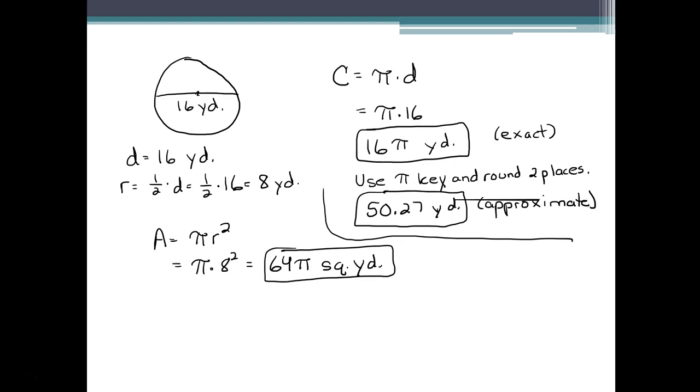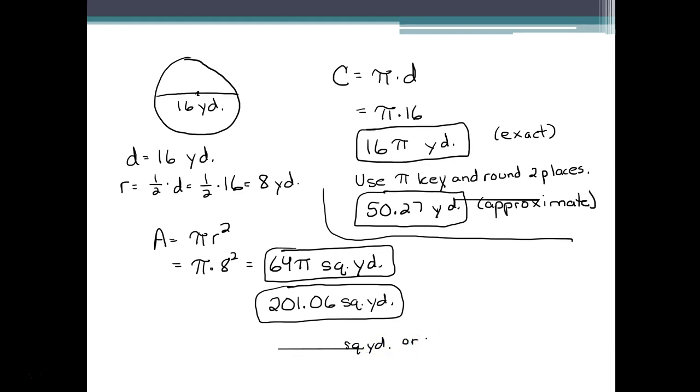My display is going bad. Yeah, so 201.06 square yards for the approximation. Now you might notice in your book, instead of writing square yards, you can also write yards squared. Either one of those is perfectly acceptable. Just wanted to let you know about that.